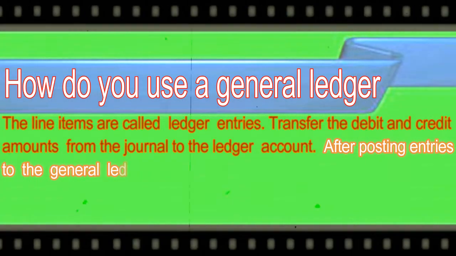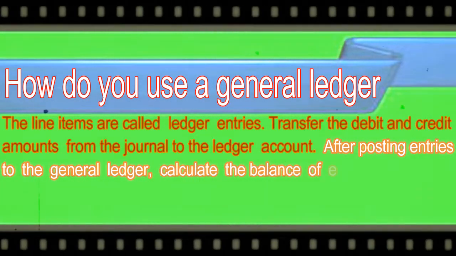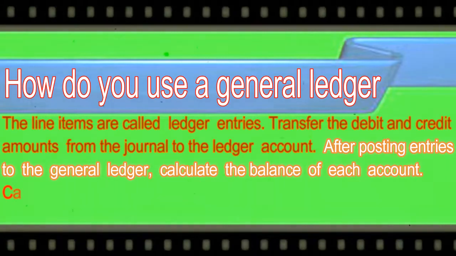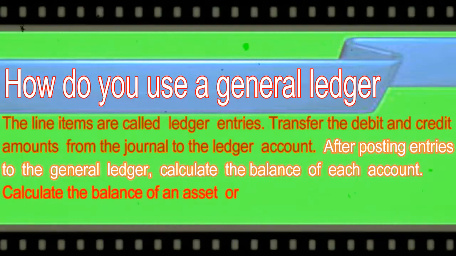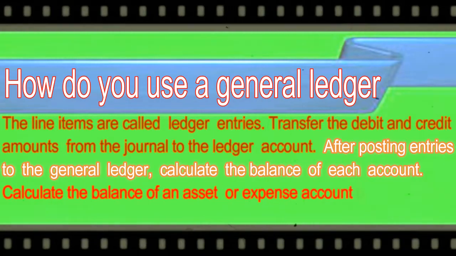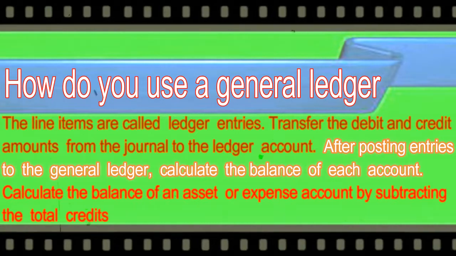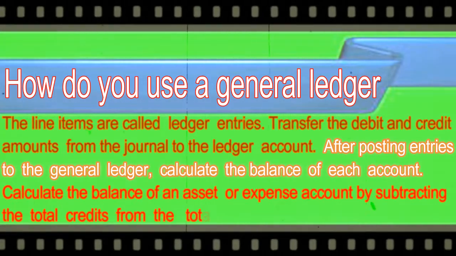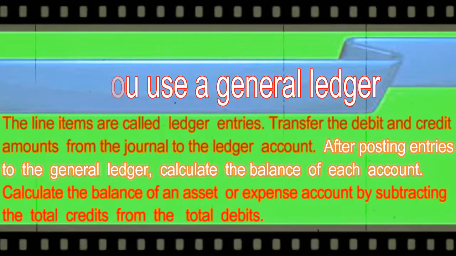After posting entries to the general ledger, calculate the balance of each account. Calculate the balance of an asset or expense account by subtracting the total credits from the total debits.